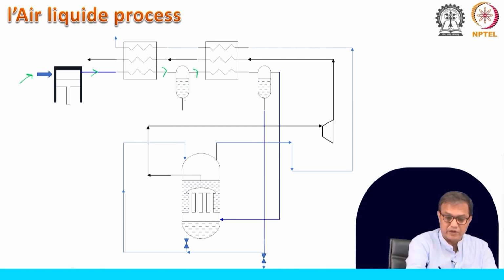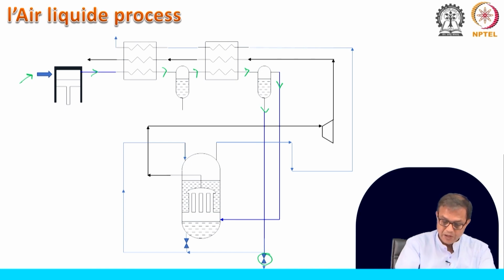Then we have separated out some portion of the propylene etc. and here again it is cooled in this 3 stream heat exchanger, and finally, before it comes to this condenser evaporator, all this ethylene, ethane and methane will be separated out from here and taken out from this process.